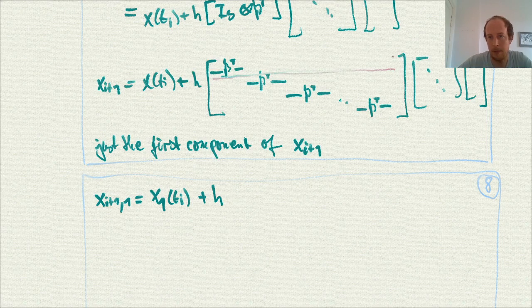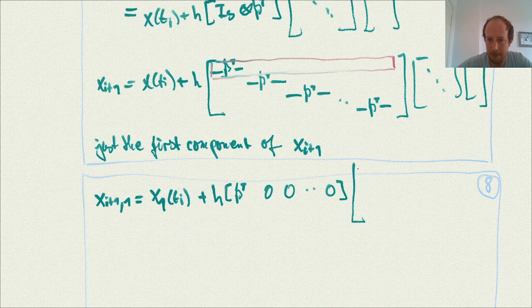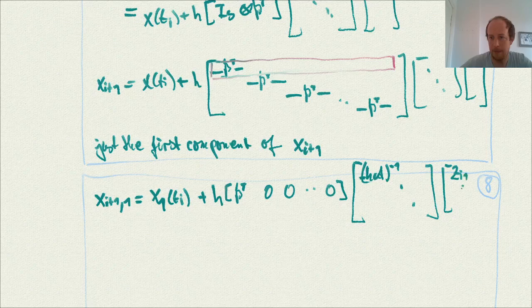So this will be the first component of the vector that's created here. So this will be beta transposed, 0, 0, a lot of zeros. This matrix here, h alpha to the -1 and so on, times the Z_{i1}, Z_{is}.